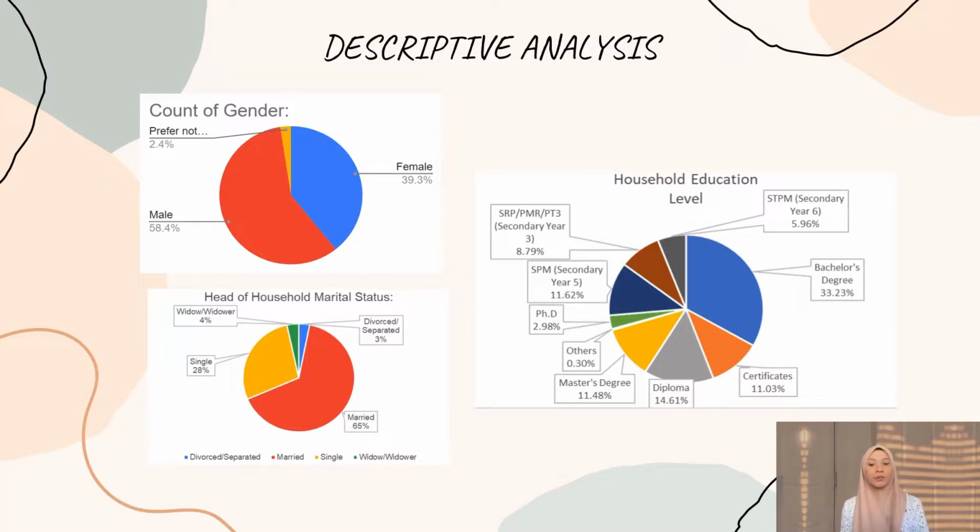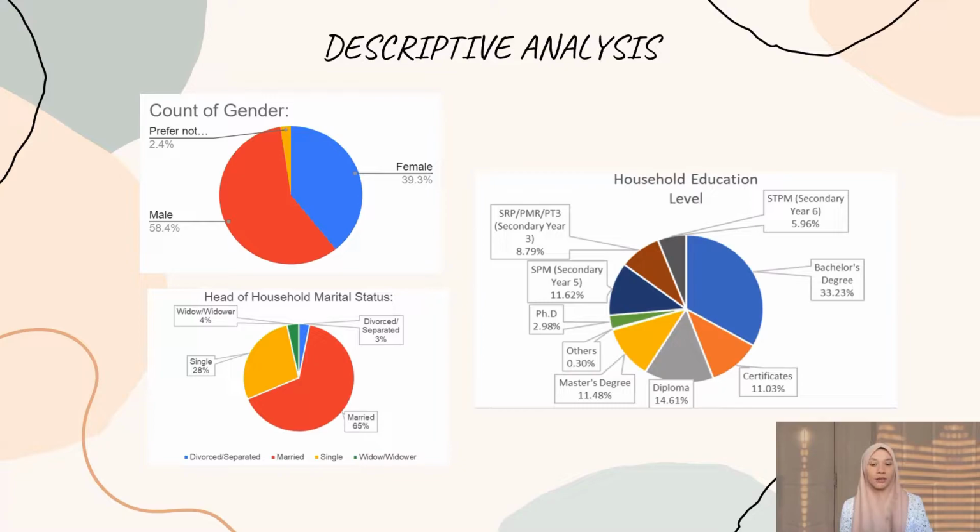Okay, now we move to the household education level. There are various types of education level: PhD 2.98%, SPM 11.62%, SPR PMR PT3 8.79%, STPM 5.69%, bachelor's degree 33.23%, certificate 11.03%, diploma 14.61%, master's degree 11.48%, and others 0.30%.